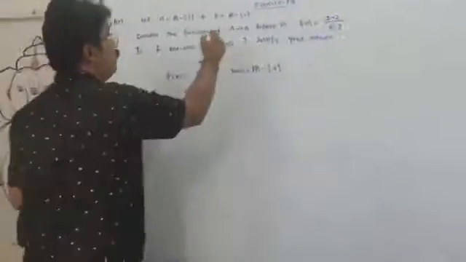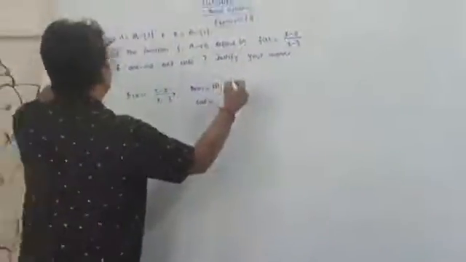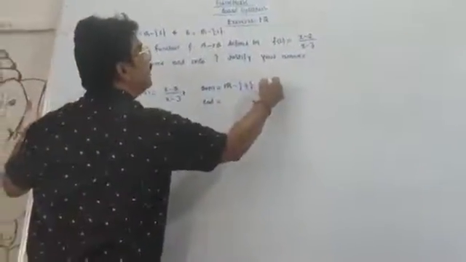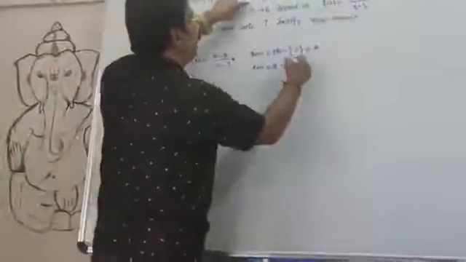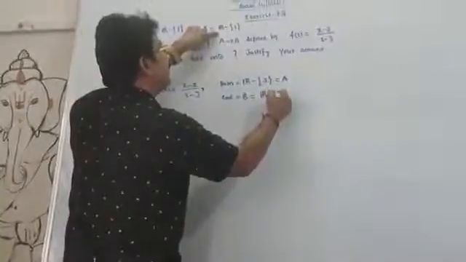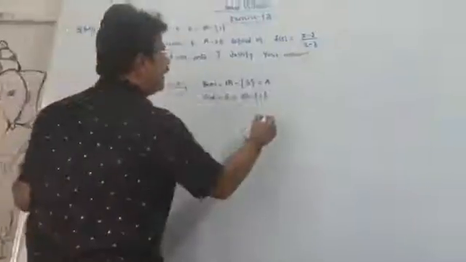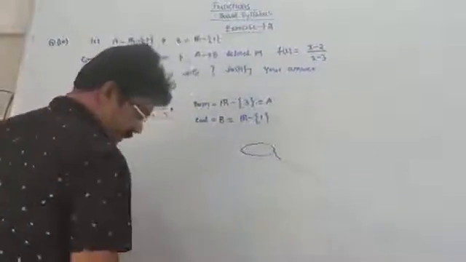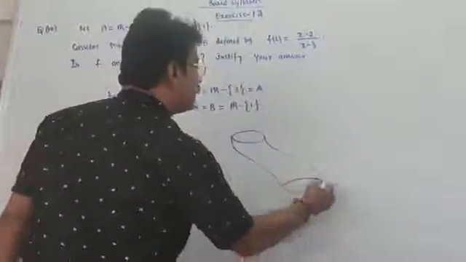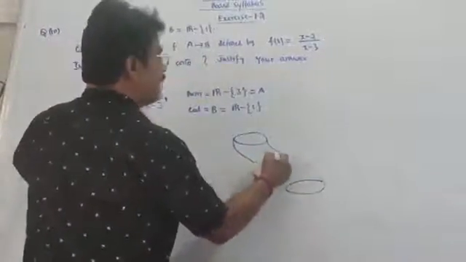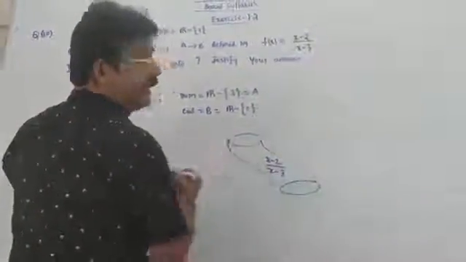Next, codomain or range. The codomain, its name is capital B, is equal to capital R minus the set of 1. What does it mean? This is the function defined as x minus 2 by x minus 3.